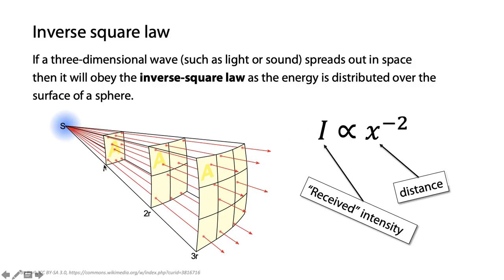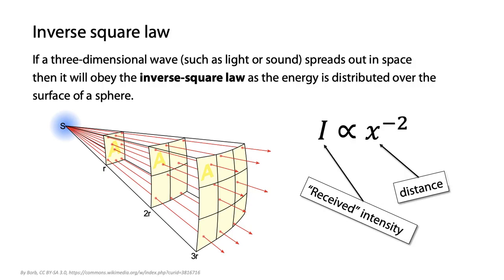If your distance from the source of the wave doubles or triples, then because it's going out over the surface of a sphere, 4 pi r squared, the energy is spread out over 4 times the area if doubled, 9 times the area if tripled, which means that the intensity is proportional to 1 over distance squared.